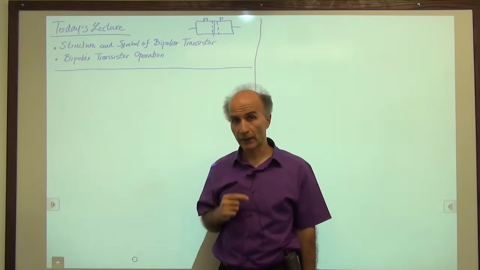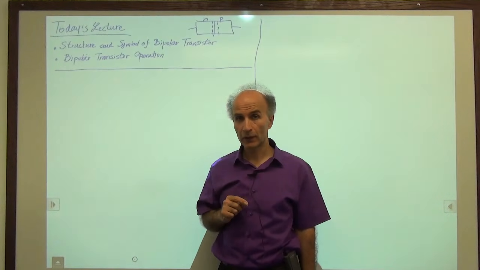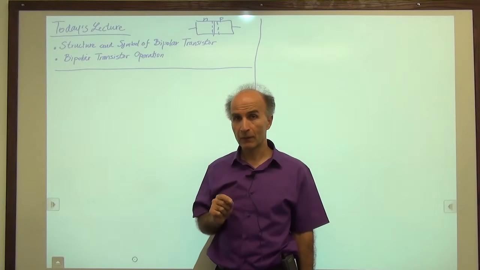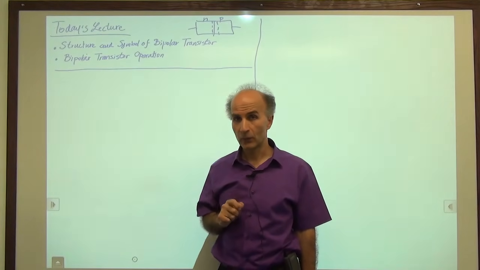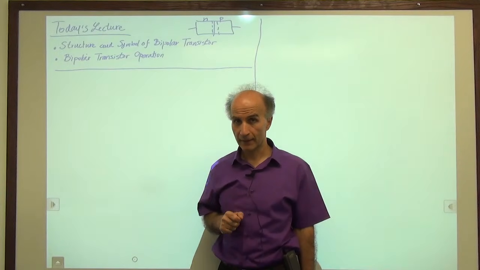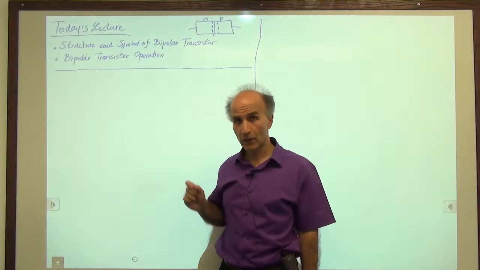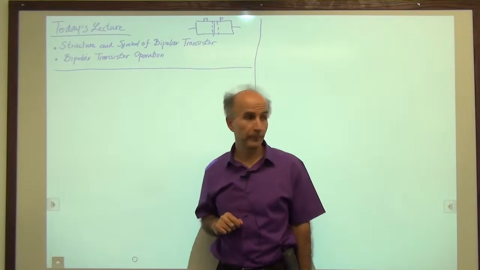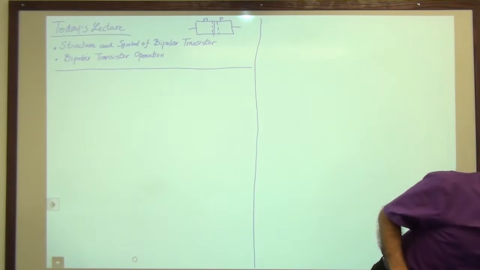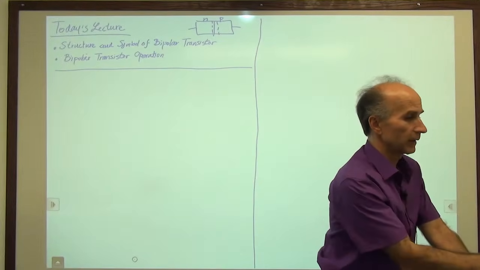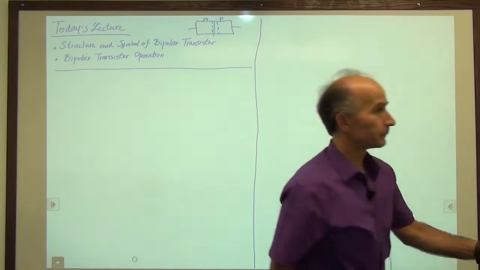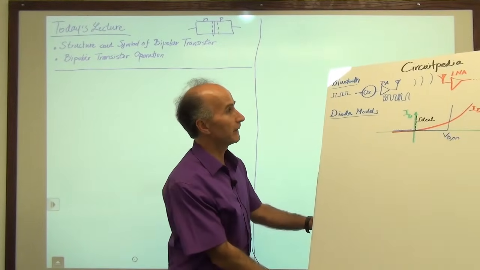All right, now before we go there, I thought I'd take a quick look at what we did before, just to remind you of some of the functions that we need in electronic systems and how they relate to our discussion today. So let's take a look at our Circuitpedia here.